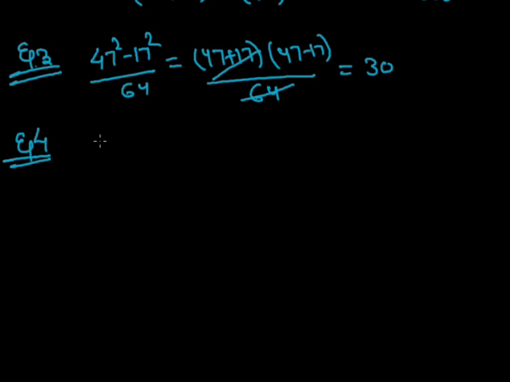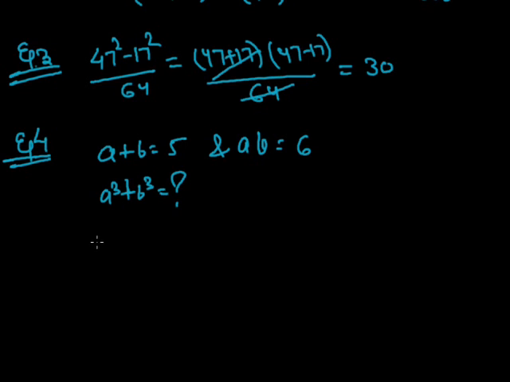We are given that the value of a plus b is equal to 5 and ab is equal to 6. We have to calculate the value of a cube plus b cube. As we know, the formula for a cube plus b cube is given by a plus b into a square minus ab plus b square.